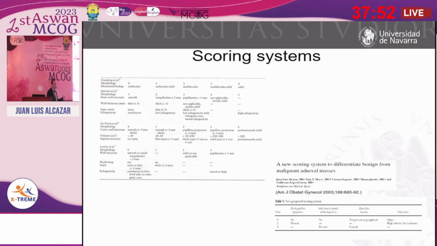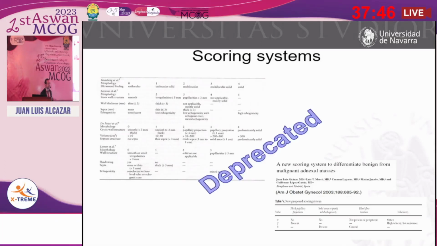There are a lot of scoring systems reported in the literature. However, nowadays they are absolutely deprecated. They are not used any longer.